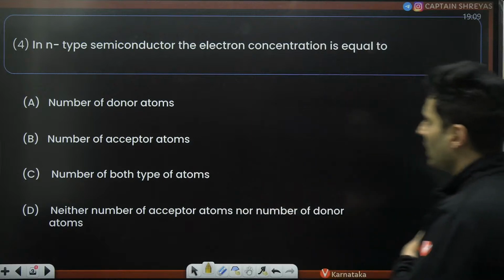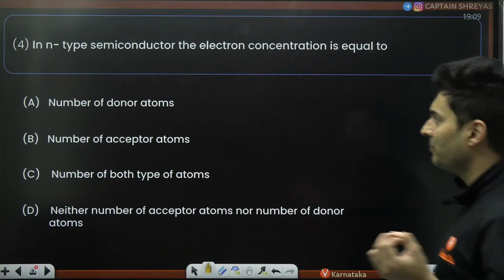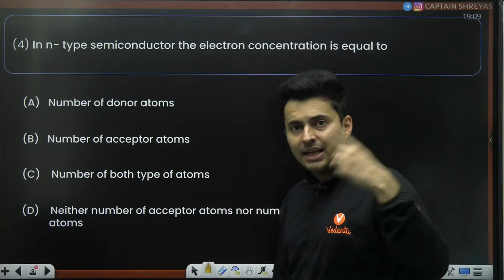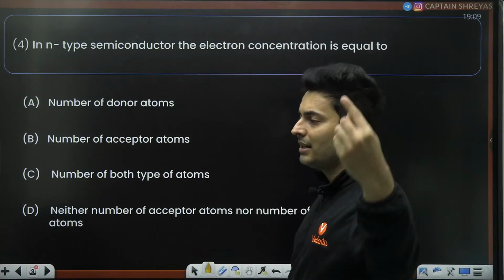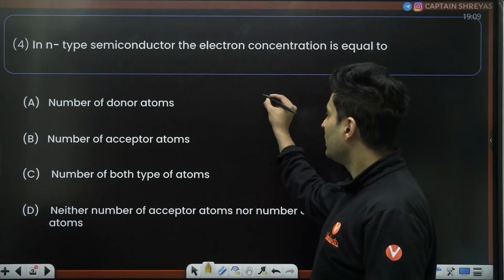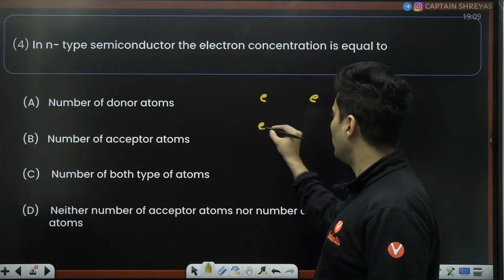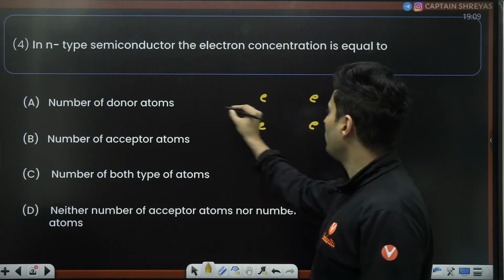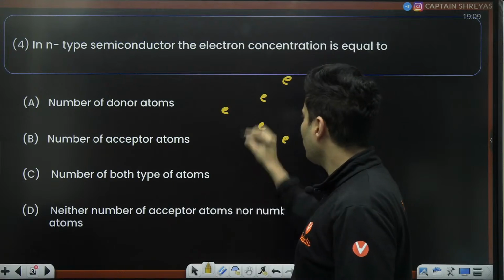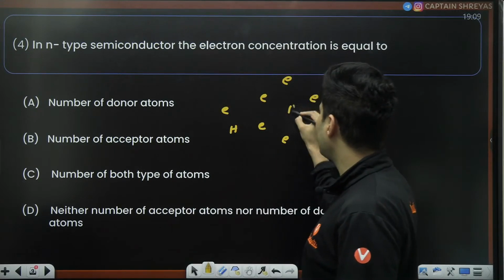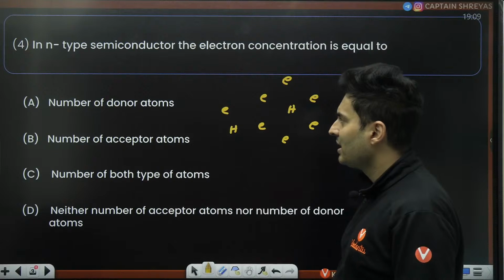In N-type semiconductor, the electron concentration: N-type, N as in negative, electron. So electrons will be more everywhere. What will be less? The holes will be less.